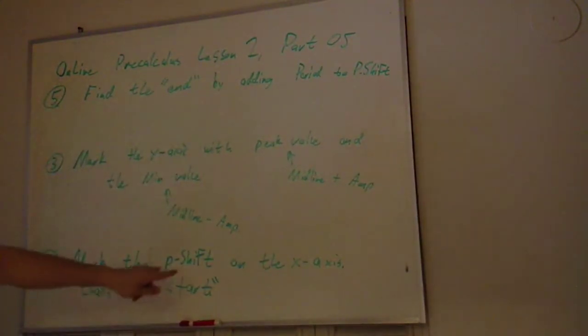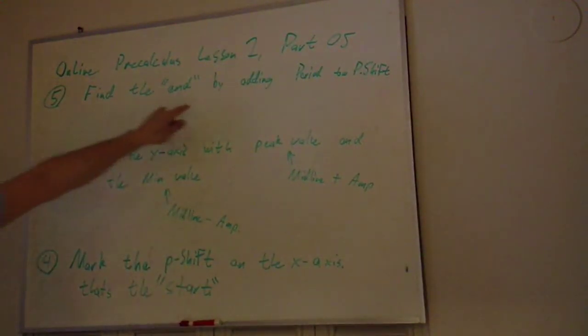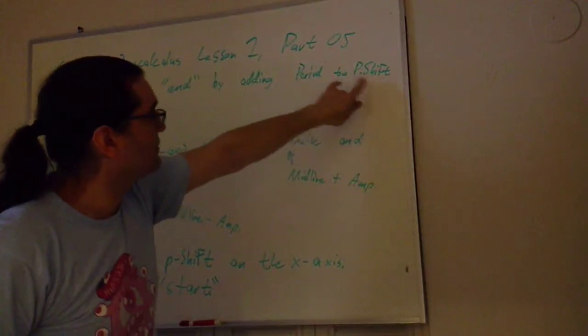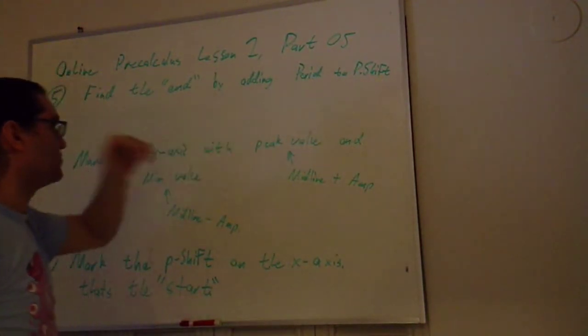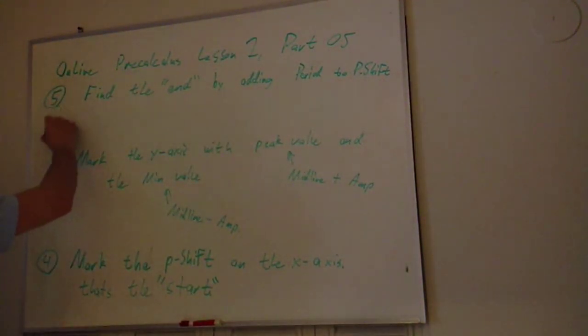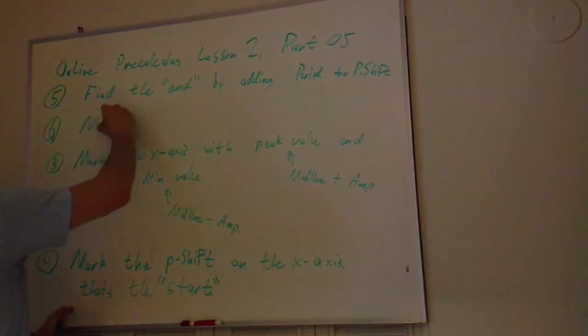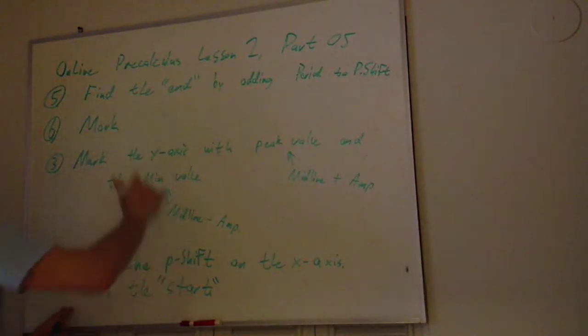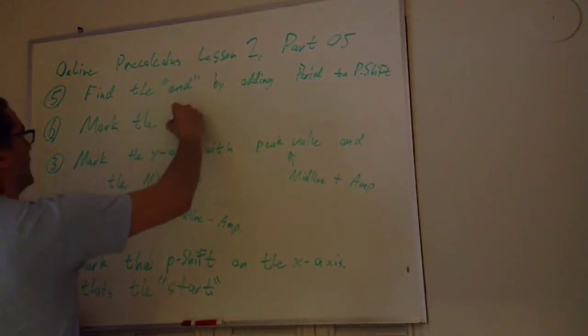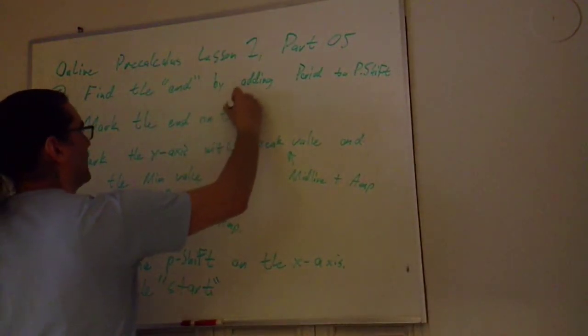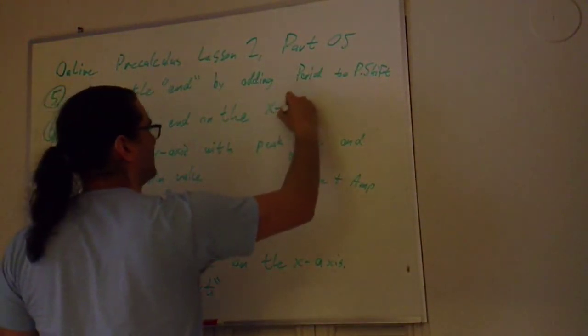So wherever your P shift is, that's your starting value. It's going to end one period later, so you have to add those together to get your ending point. And then mark the end on the x-axis.